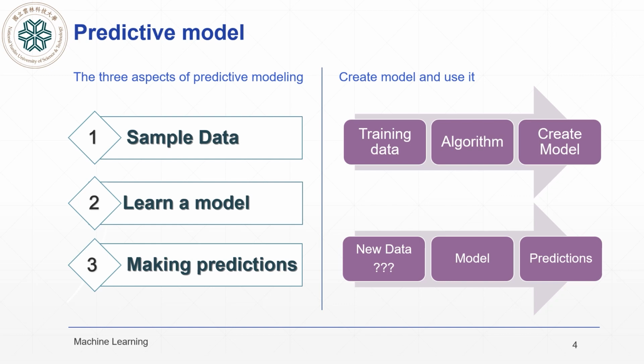You see the flowchart? The flowchart to create a model and predict is shown on the right of the slide. For example, we have training data, then give the training data to an algorithm in order to create a model. We don't need to keep the training data as the model has summarized the relationship contained within it.